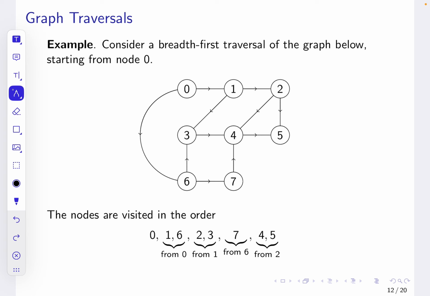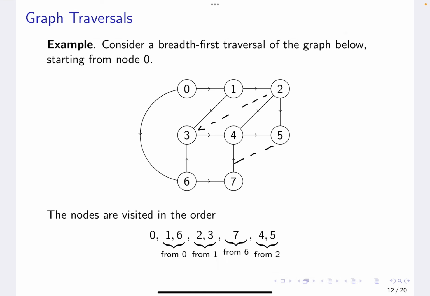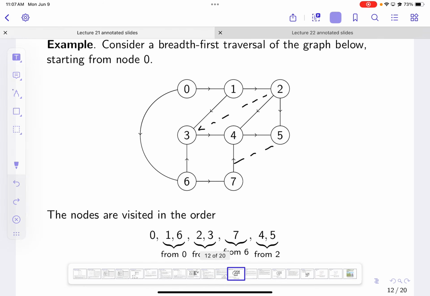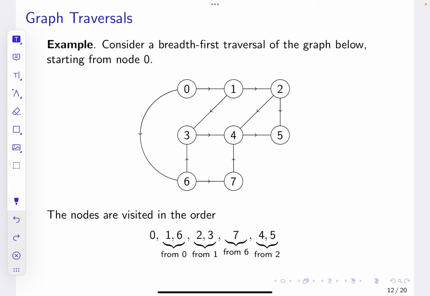You might be tempted to go 0, 1, 2, 3, 4, 5, 6, 7, but that would rely on edges that don't exist. There's no edge going from 2 to 3 or from 5 to 6. So even though it would intuitively fit into our idea of going level by level, it wouldn't be a valid traversal of the tree.